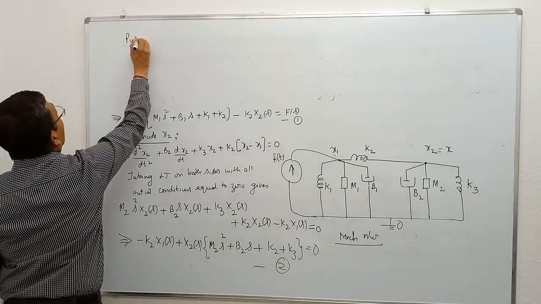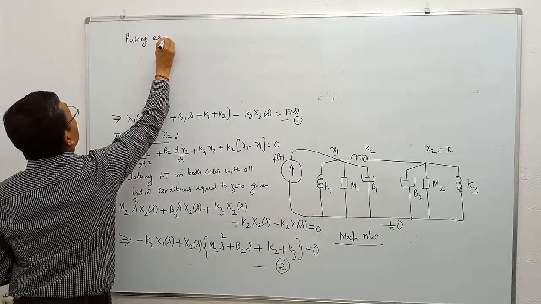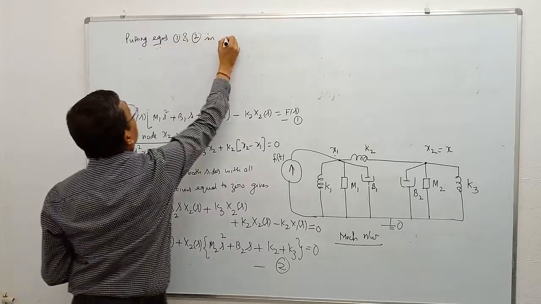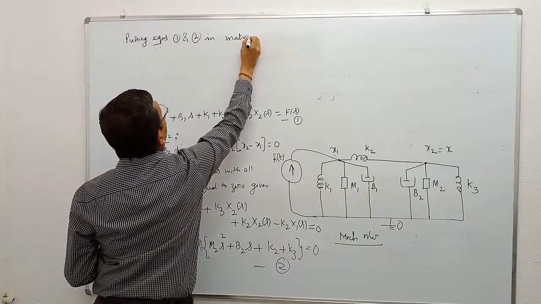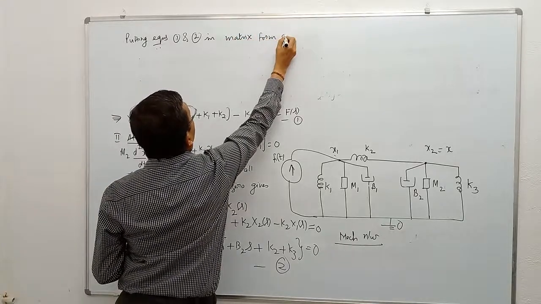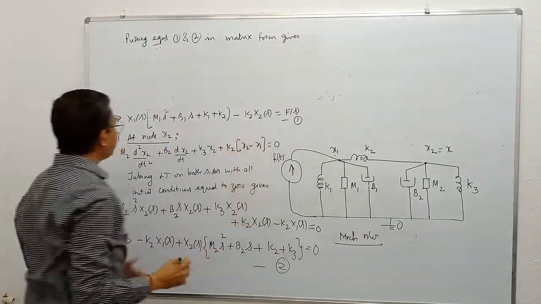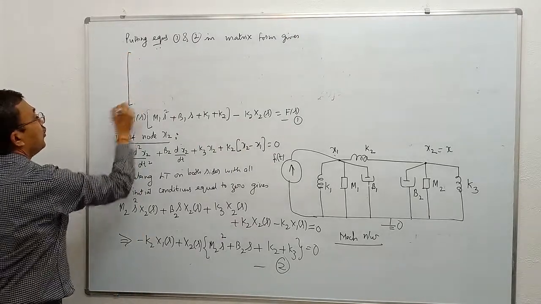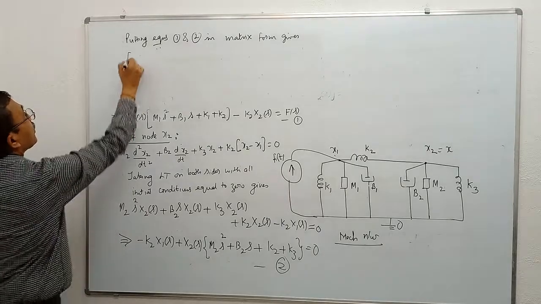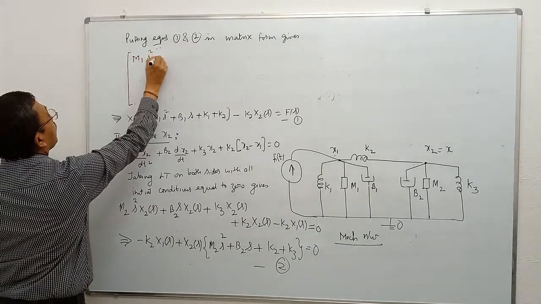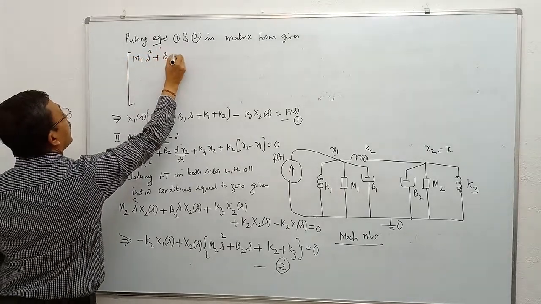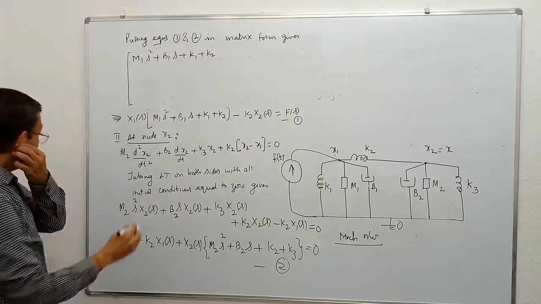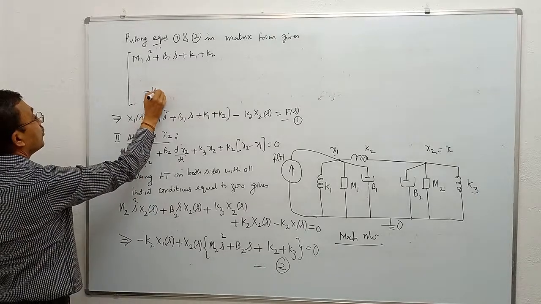Putting equations 1 and 2 in matrix form gives: in the first column, we shall write the coefficients of x1 of s, which is m1 s square plus b1 s plus k1 plus k2, and minus k2.